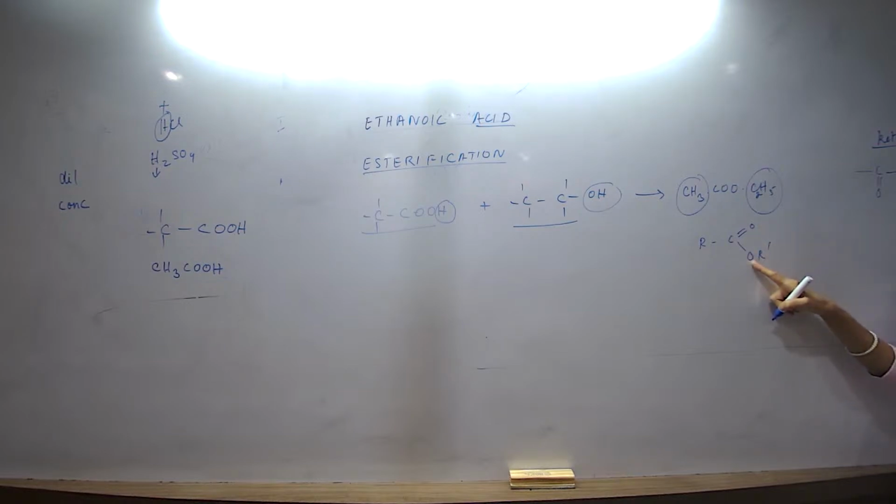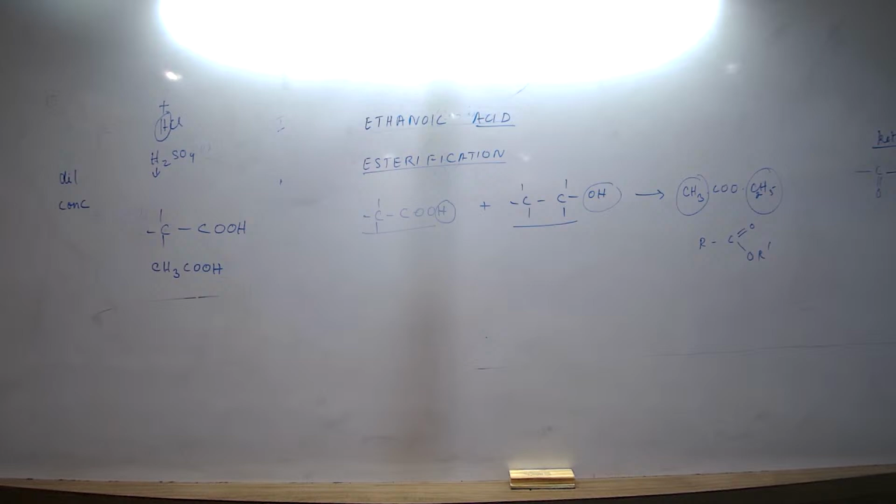There's one double bond and there's an extra O also, and there's an extra carbon. The textbook shows only one double bond there. That is an old book.